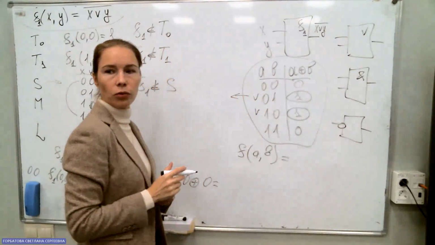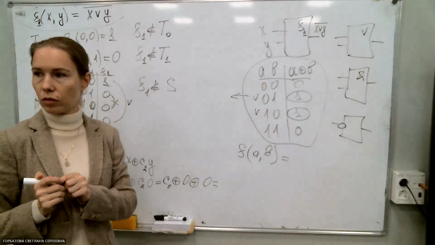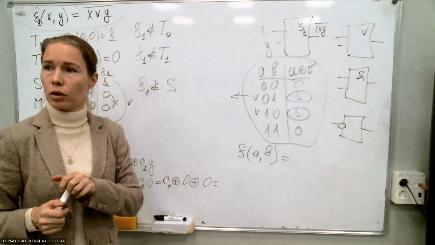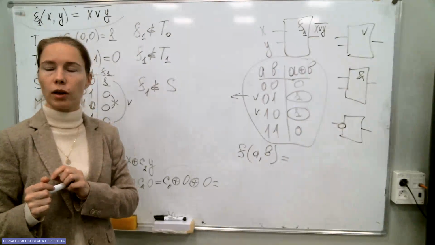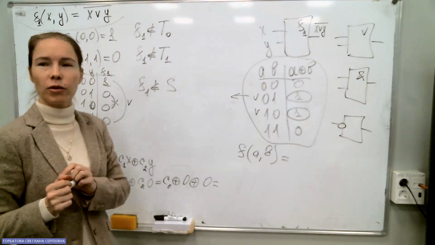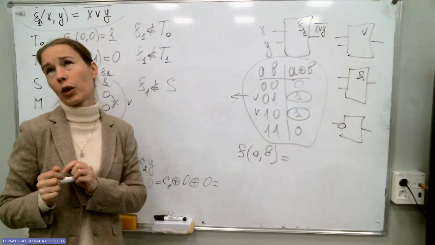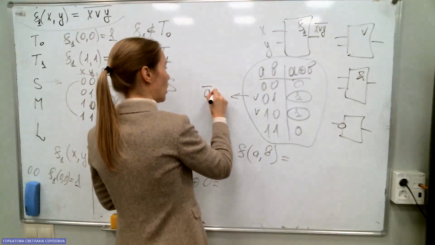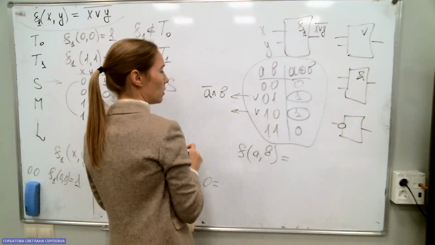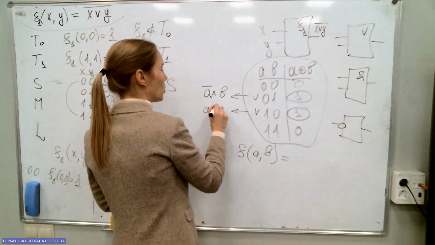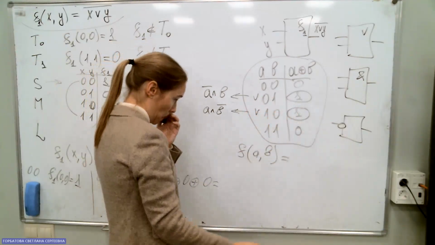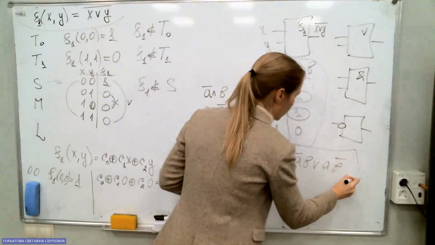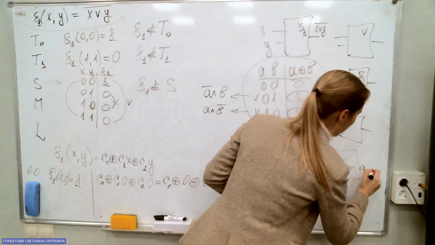It is not A conjunction B, disjunction A conjunction not B. This is the formula of plus modulo 2. So it is A plus modulo 2 B. I hope that everyone started to do the coursework.